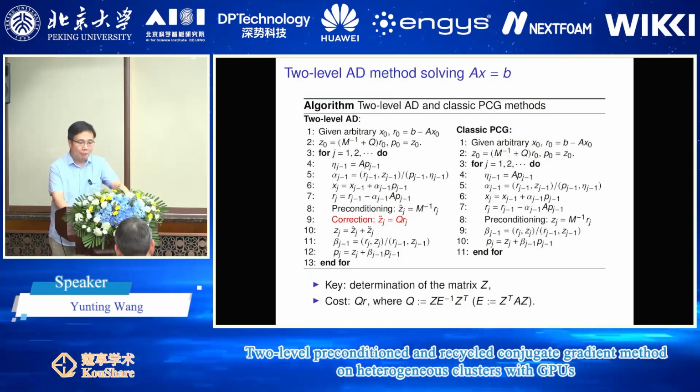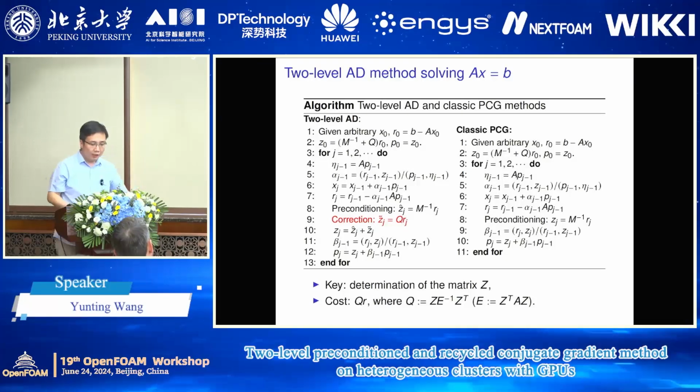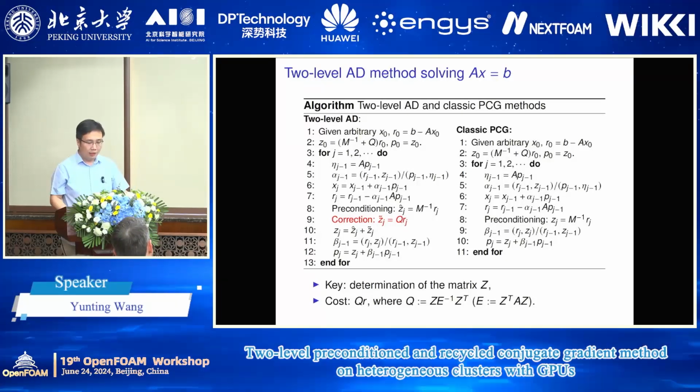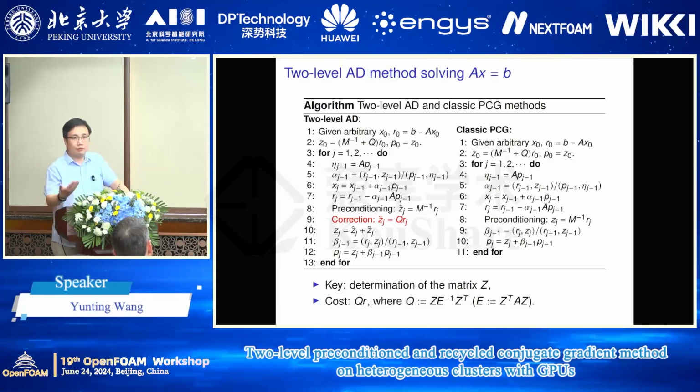That's the only difference. But as I mentioned before, the key point is how to determine the matrix Z, and then you construct the correction matrix Q.